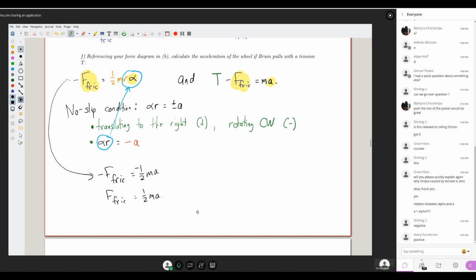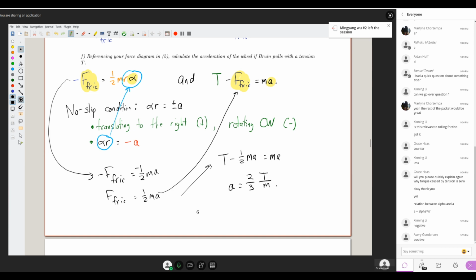Have I done that right? Yes, I have. And then if I substitute that in here, I would have T minus 1/2 ma equals ma. So a here would be 2/3 T over m.